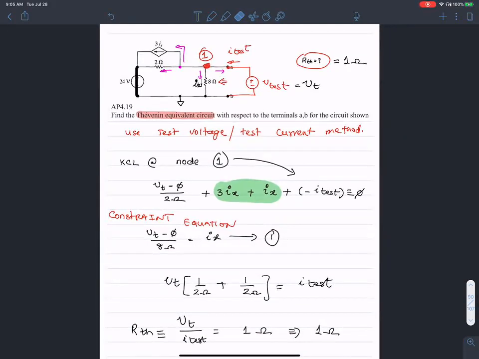If you notice, all the steps involved here so far, all the techniques for finding the Thevenin's equivalent, finding the Norton's equivalent, or source transformation, are simply application of the techniques that we learned so far, like setting up KCL and Ohm's law. And that's about it.